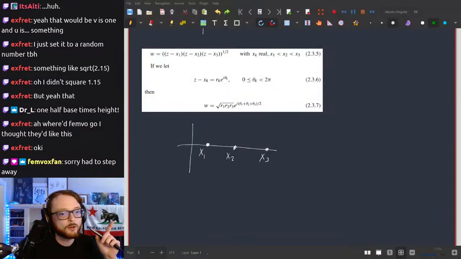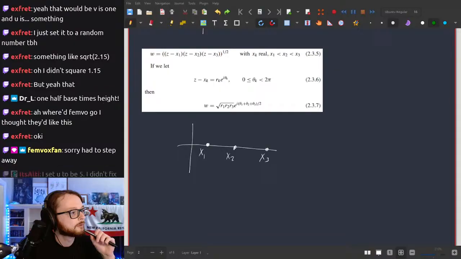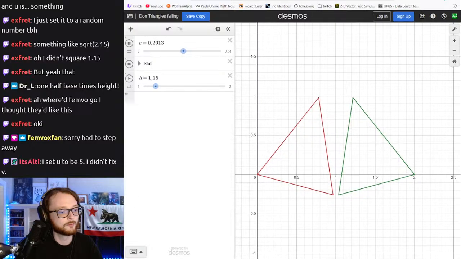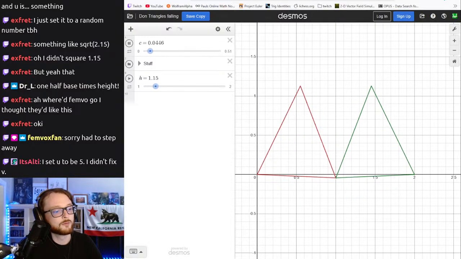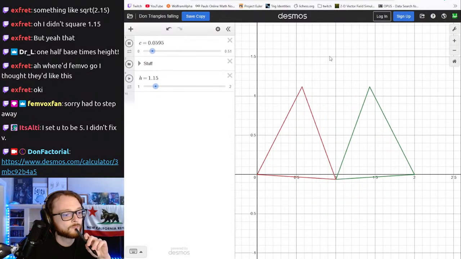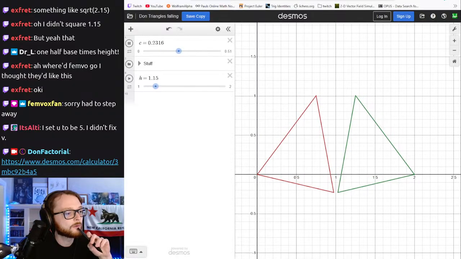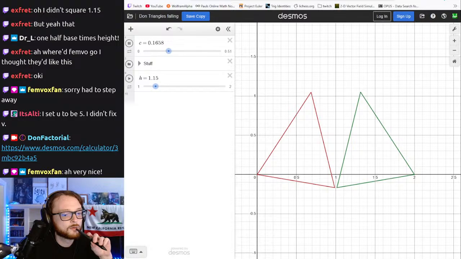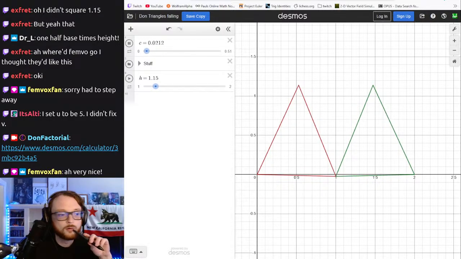But what we wanted to show you is that XFret made the thing that you said in Desmos. You set U to be 5, you didn't fix V. It looks like it was 5 in both cases.